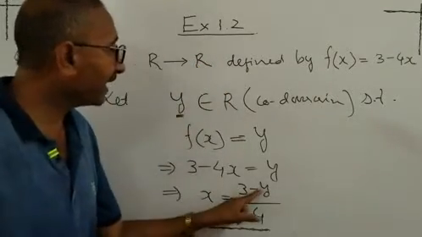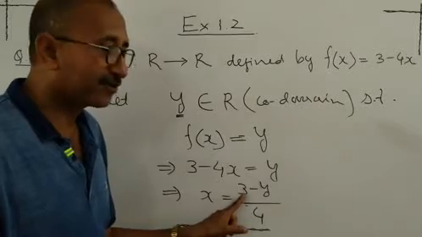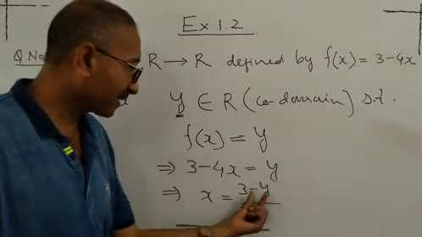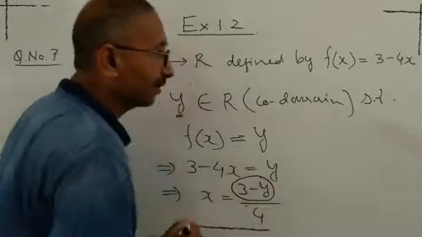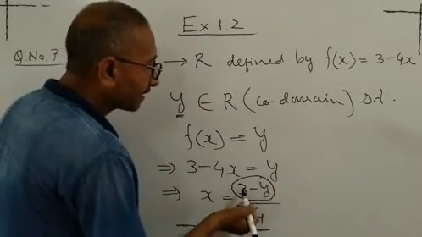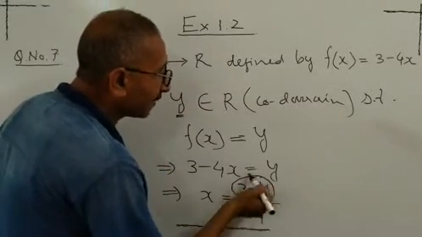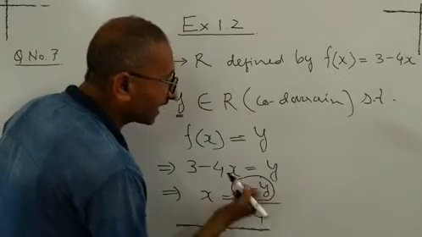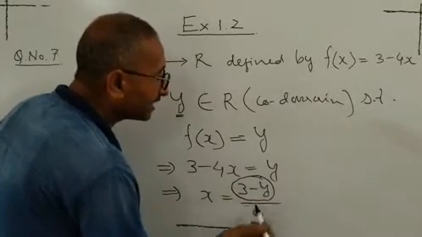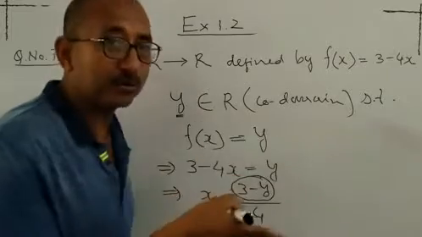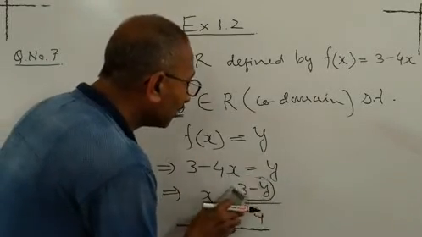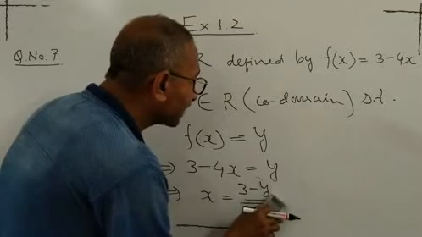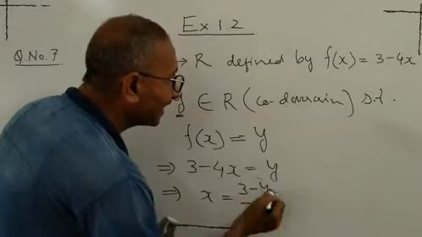A real number is subtracted from 3. So is this also a real number? 3 minus a real number is a real number. 4 is a real number, and a real number divided by a real number is again a real number. So ultimately 3 - y over 4 is a real number.